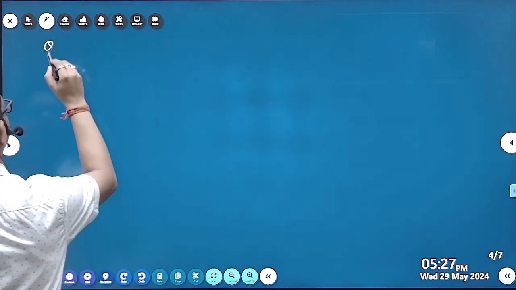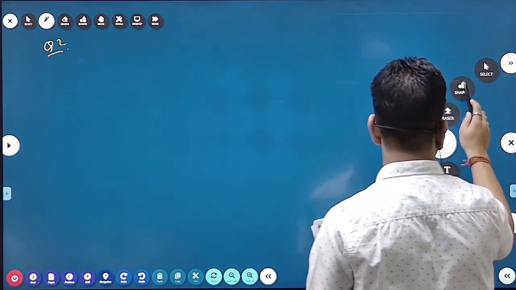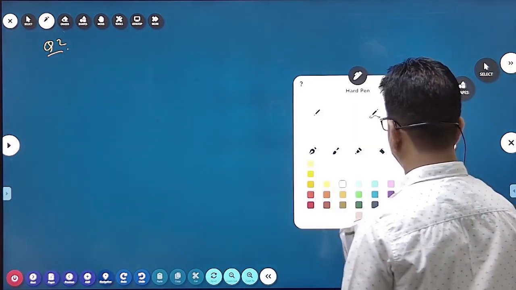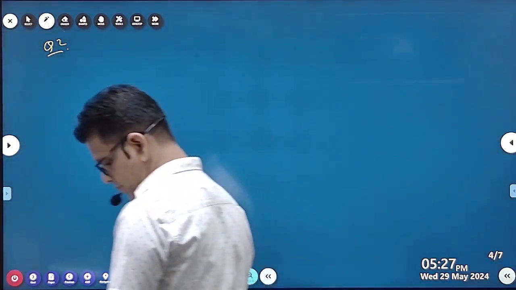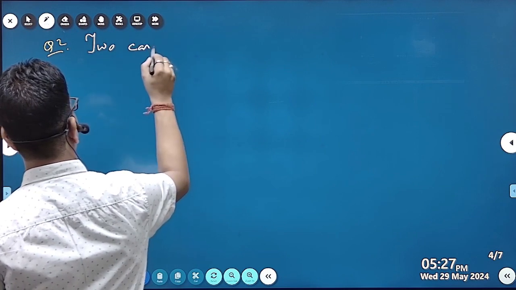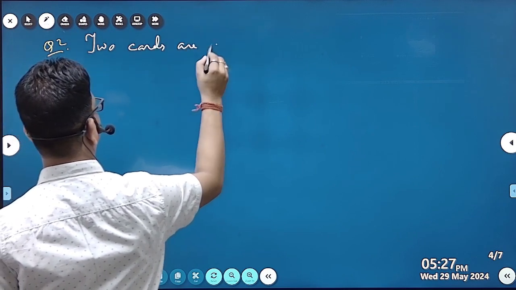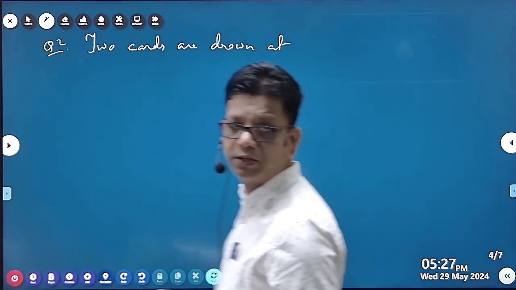Now suppose question number 2. Suppose two cards are drawn at random. Similar question, but two cards are taken out now.